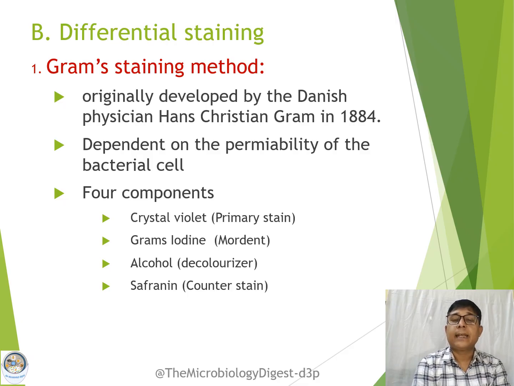The second is the mordant, gram iodine. The third is the decolorizer, which is alcohol. The fourth is the counter stain, which is safranin. From the components you can see we are using two different dyes. The first is crystal violet, called the primary stain, and the second, safranin, is called the counter stain.